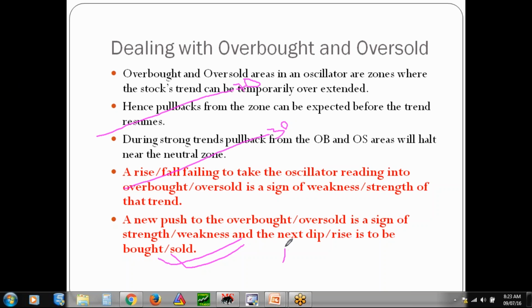When the price is rising, the indicator rises and takes the RSI into the overbought zone, above 70. Now the price retraces, as mentioned, from the extended zone, and the price starts moving up from here.